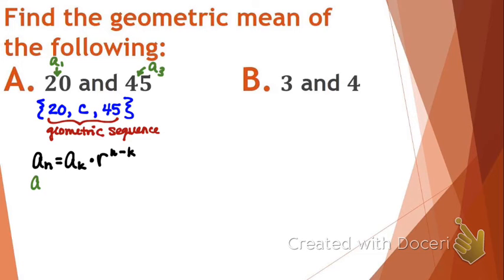We said we knew the third term and the first term. What are we using for n? We don't know R, but we do know n. N is 3. What are we using for k? 1.